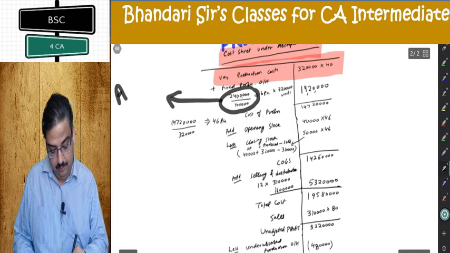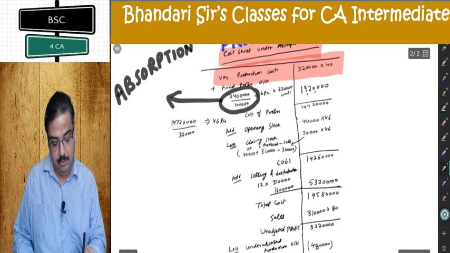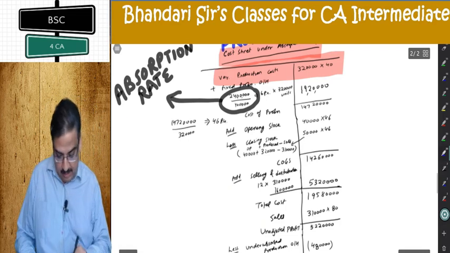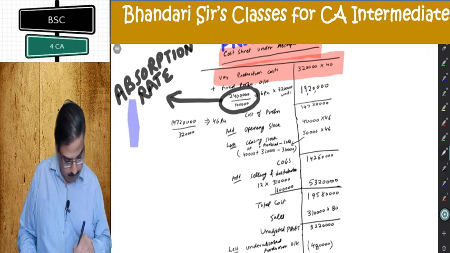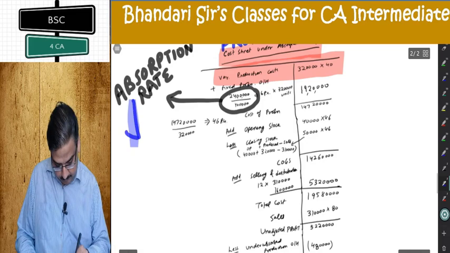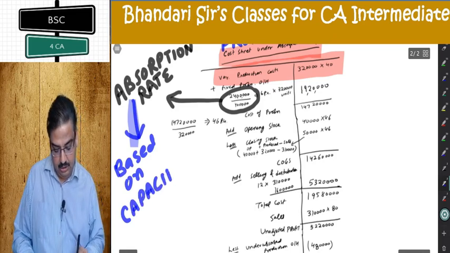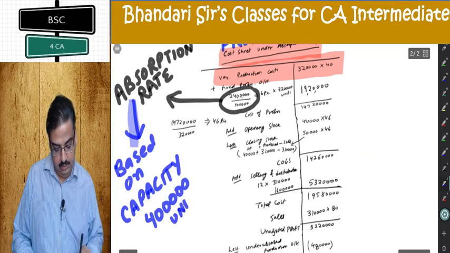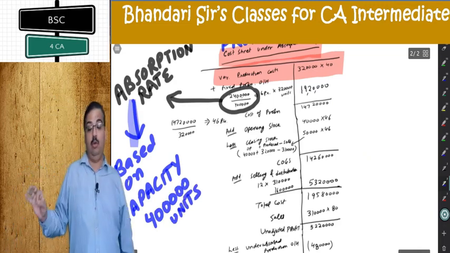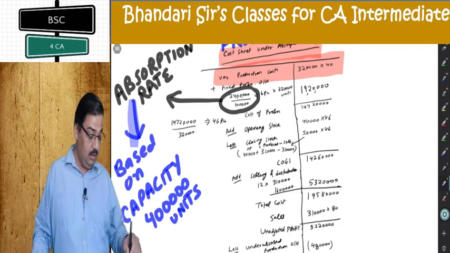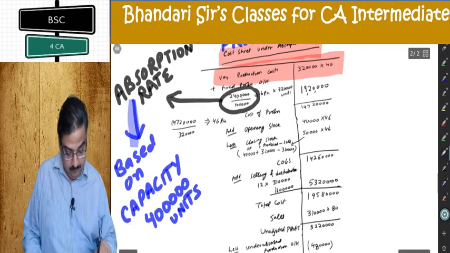This is absorption rate, and it is based on capacity production, 4 lakh units. 24 lakh total, based on 4 lakh units, it becomes 6 per unit.